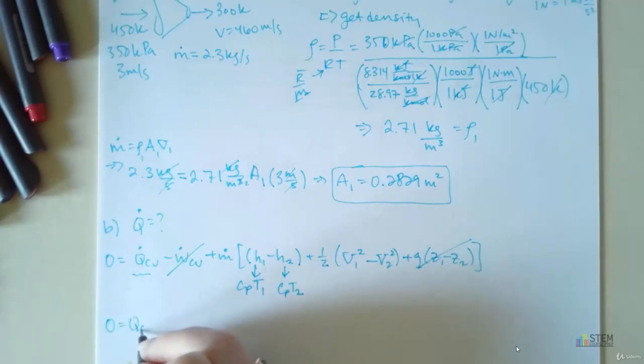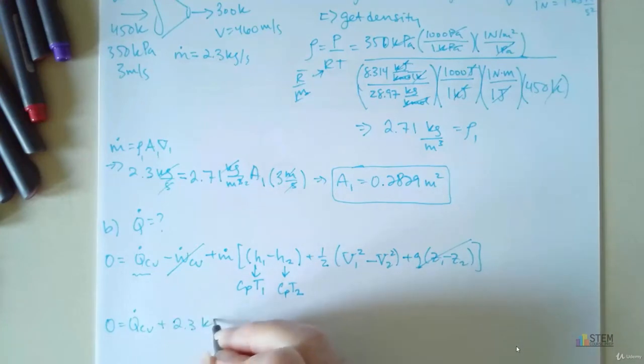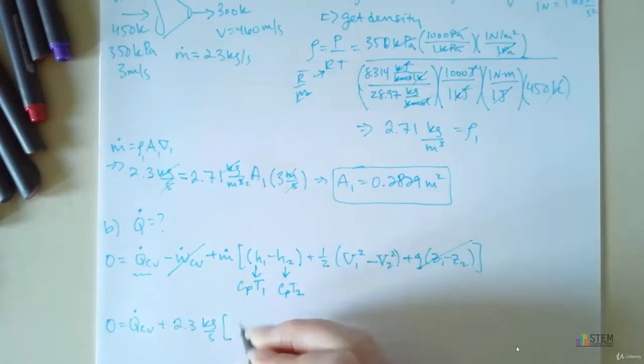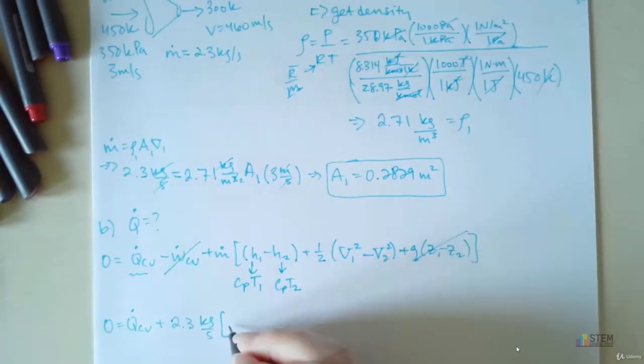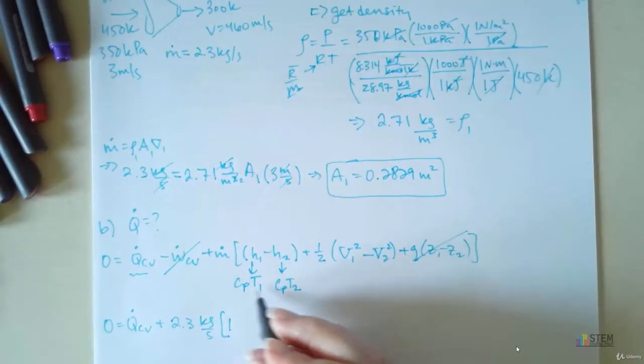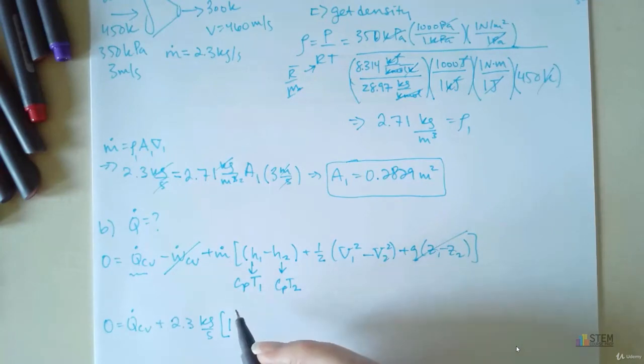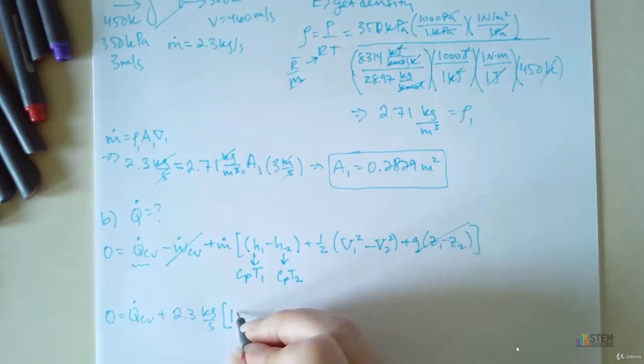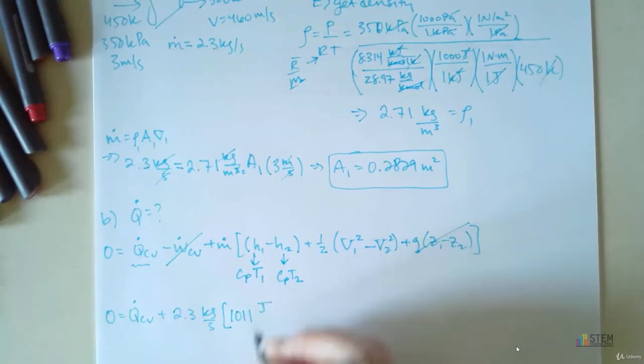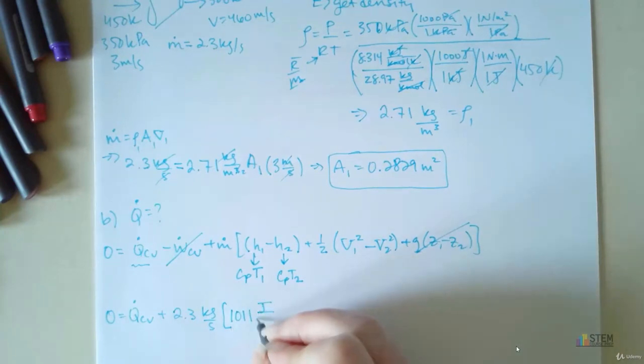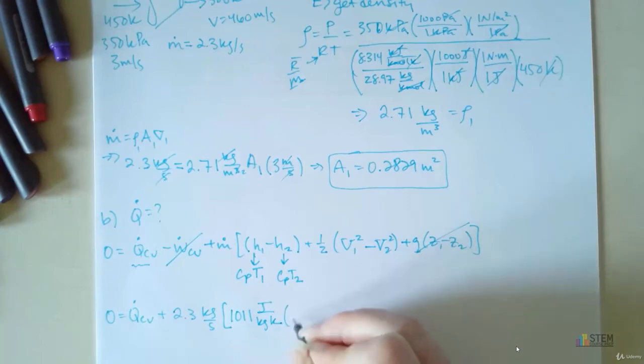So we got 0 equals QCV dot plus M dot, which is 2.3. Now we're going to multiply that. I'm going to pull this CP out, and I'm going to convert it over to joules per kilogram Kelvin. It was given in kilojoules, so let's convert it over to joules. So that'll be 1011 joules per kilogram Kelvin.